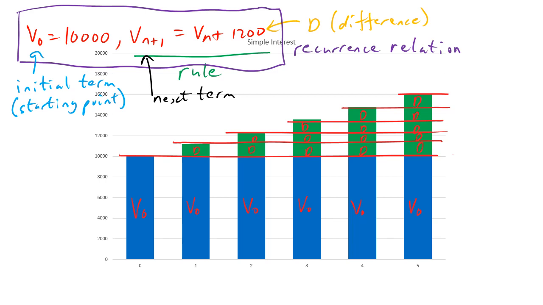And then we say the next term, Vn plus 1, equals Vn plus d. In this case, the d is 1,200 and d is for the difference. So Vn plus 1 equals Vn plus d, that's the rule, and the initial term plus the rule makes the recurrence relation. So whenever they say, give me the recurrence relation, they want you to give an initial term and a rule and stick them together with a comma in between.